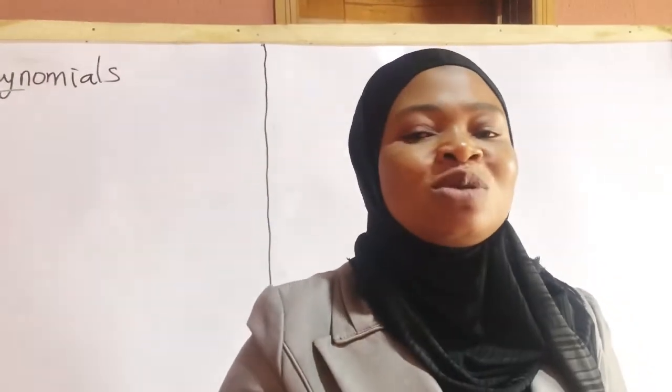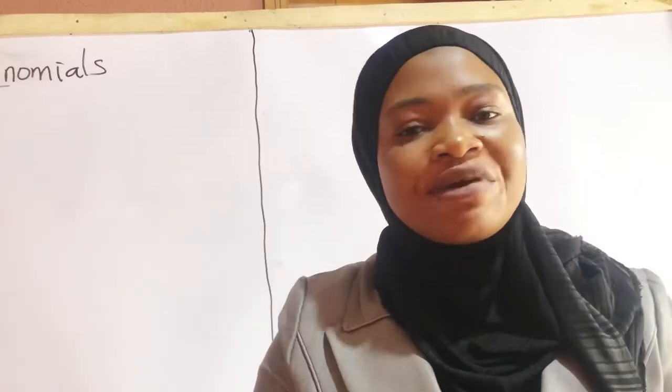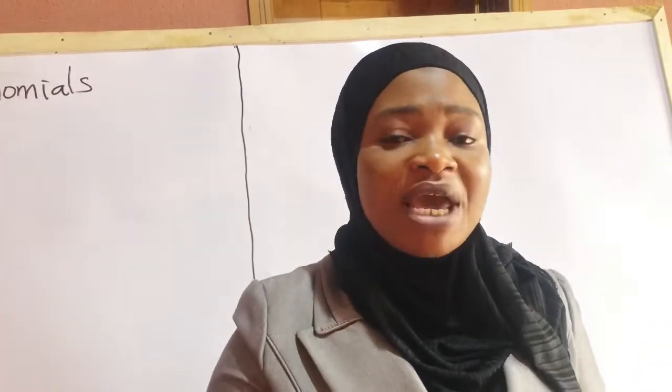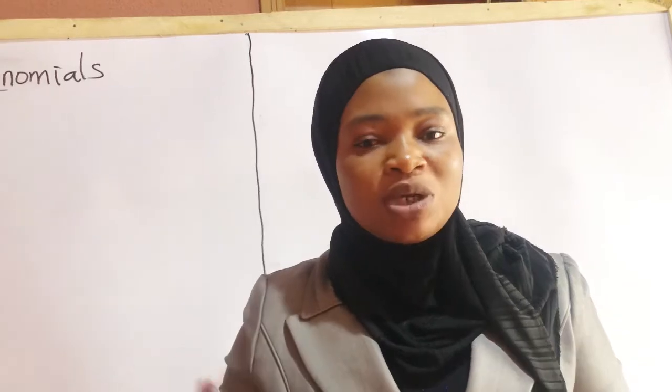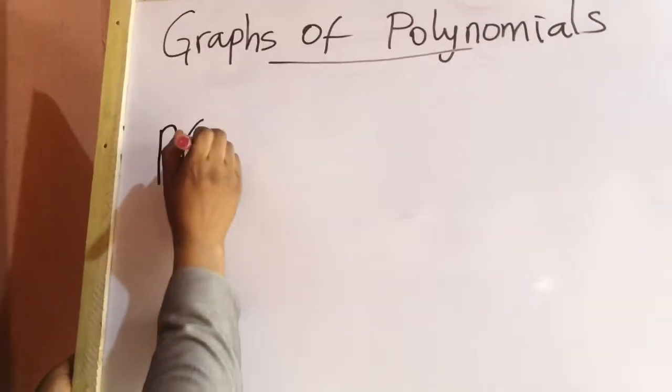So in today's class, we want to discuss the graph of polynomials. The shape of graphical representation of polynomials depends on the degree of that polynomial. So the highest power of a polynomial is the degree of that polynomial.